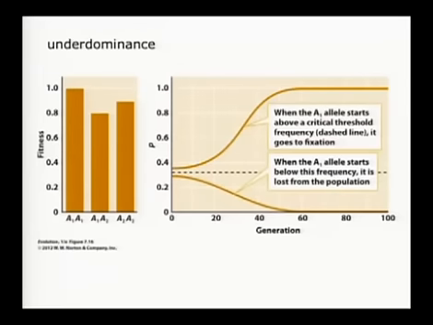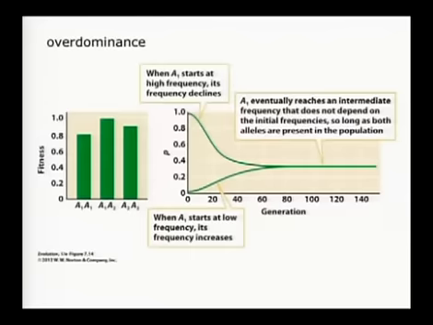Not based on 50%, but based on whatever the relative fitnesses are. What does the overdominance look like? Yeah, so overdominance, it converges on the intermediate thing. This one, it diverges. So here's overdominance. It converges on an intermediate balanced polymorphism.